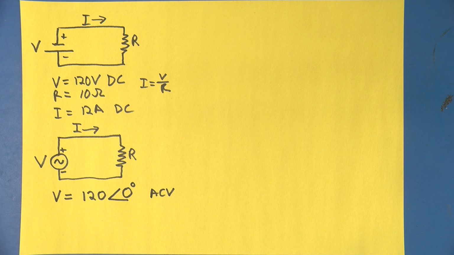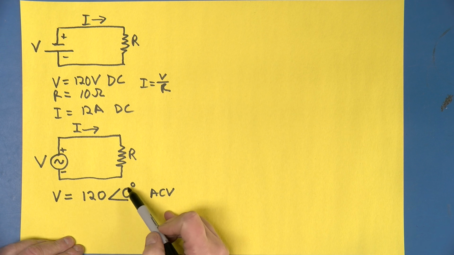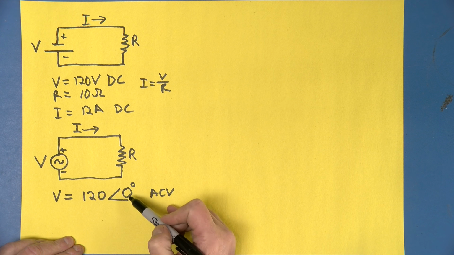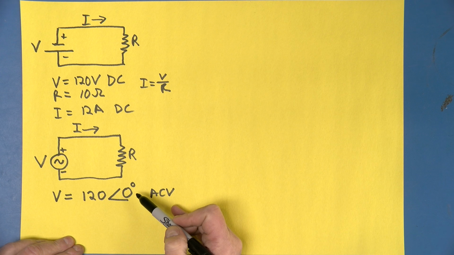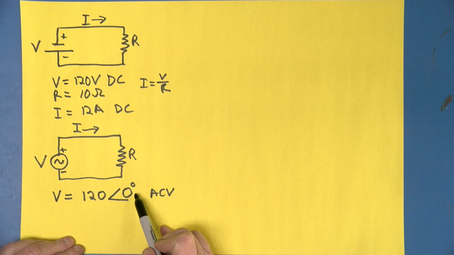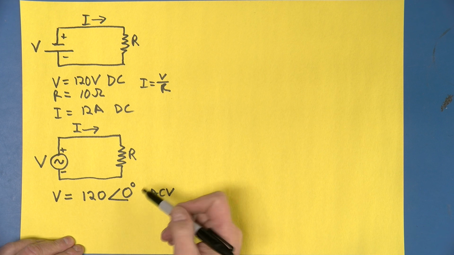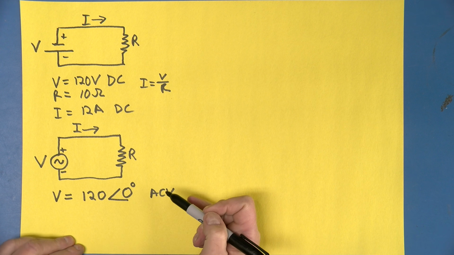I've used this notation before, and it's a way of combining the voltage of the AC signal with the phase. In other words, how much our sine wave has shifted. And a shift of one cycle is 360 degrees. A shift of half is 180 degrees. A shift of a quarter is 90 degrees, and so forth.